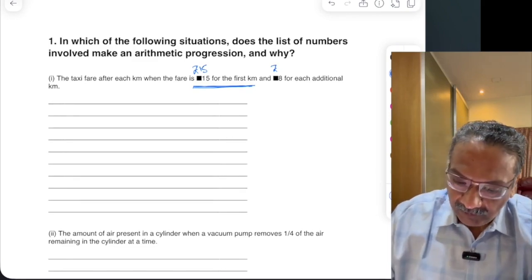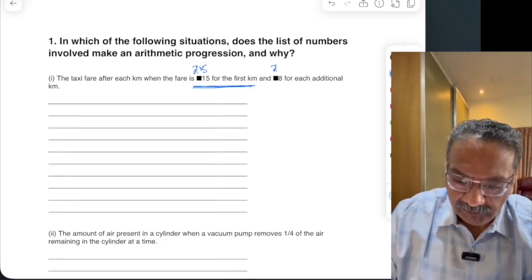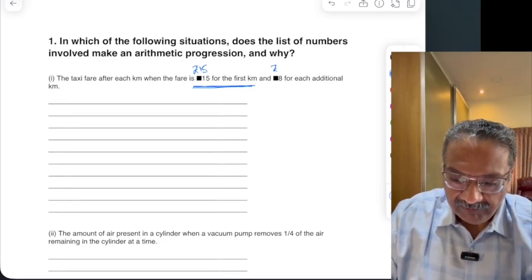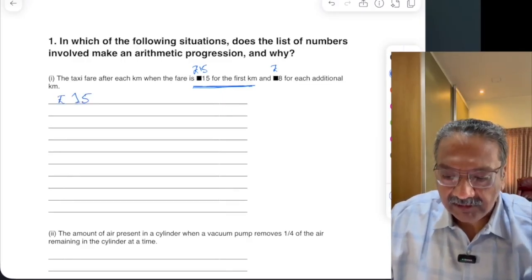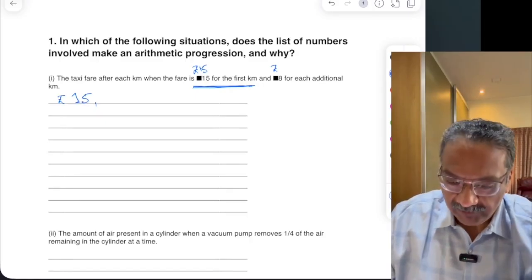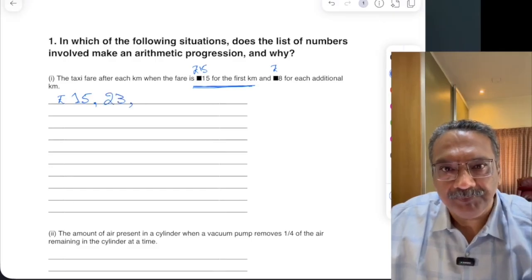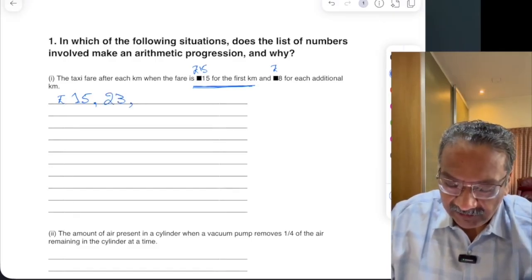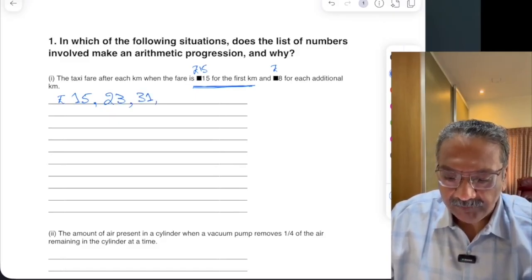If we start writing the fare for every kilometer, the first kilometer it will be 15 rupees, and then for the second kilometer it will be 15 plus 8, which is 23 rupees, and then for the third kilometer the cost will be 23 plus 8, which happens to be 31, and for the fourth kilometer it will be 39, and so on.